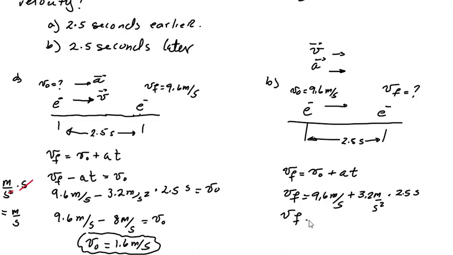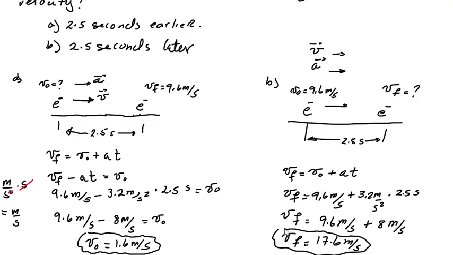So the final velocity here is 9.6 meters per second plus 8 meters per second, so it would be a final velocity of 17.6 meters per second. So after 2.5 seconds of this instant, where my electron is moving at 9.6 meters per second, the velocity of the electron would be 17.6 meters per second.